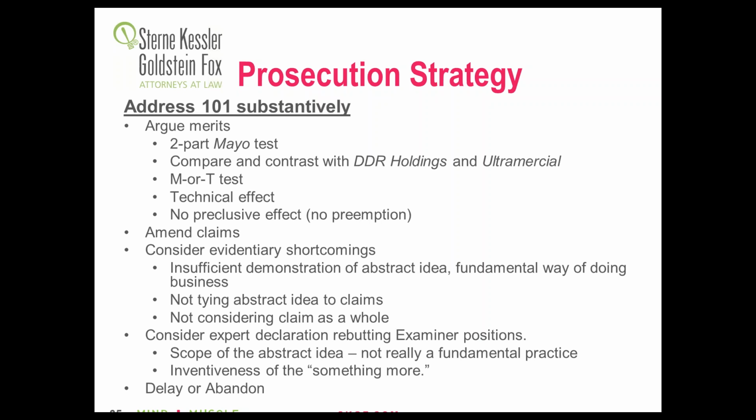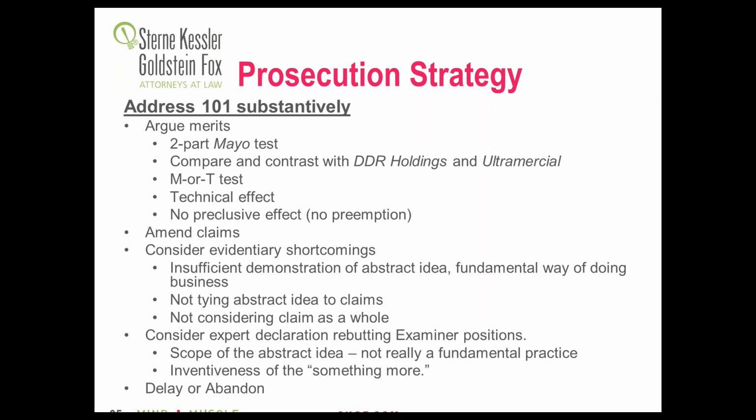So you should consider how best to do that, and not be too afraid of amending your claims, especially if it'll result in overcoming a 101 rejection. Make sure you're looking at the shortcomings of the examiner's evidence there. You might consider an expert declaration, as we've discussed.